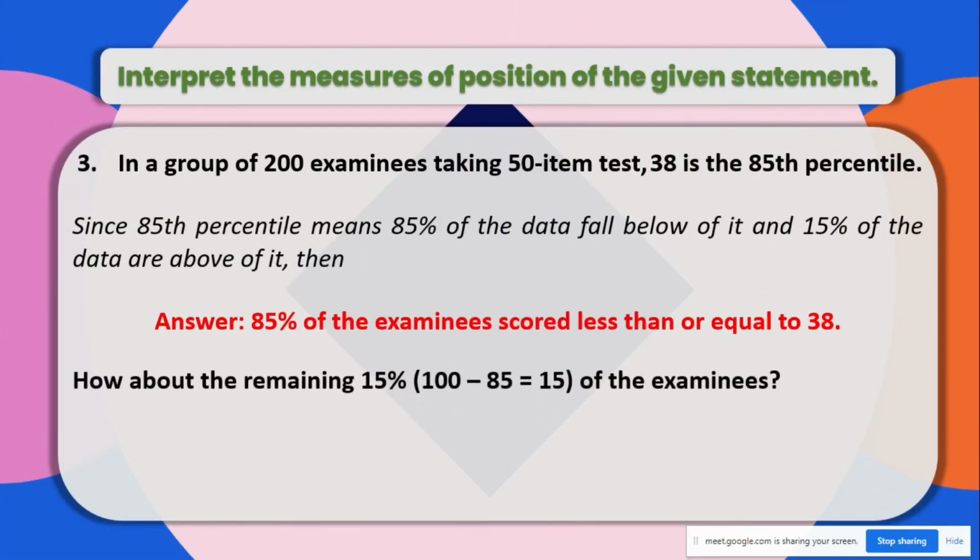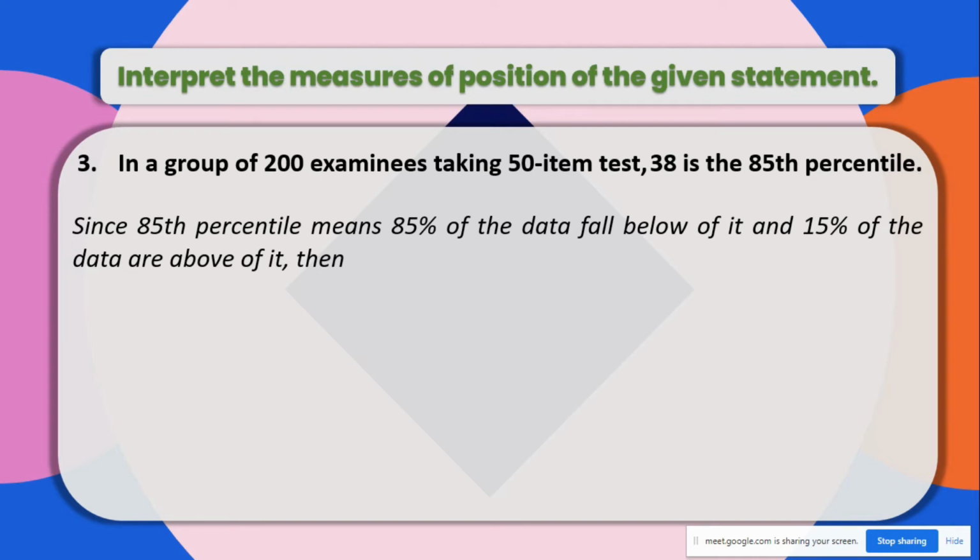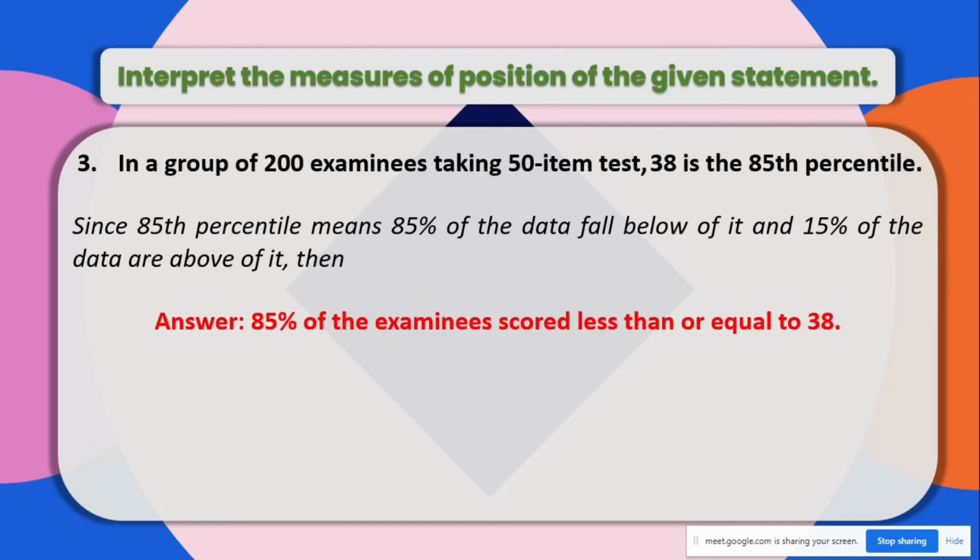Okay, number 3. In a group of 200 examinees taking a 50 item test, 38 is the 85th percentile. So in other words, kay 85th percentile man siya, so 85%. So kung 85%, meaning 85% of the examinees scored less than or equal to 38.